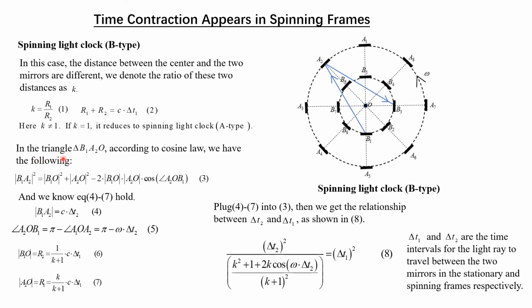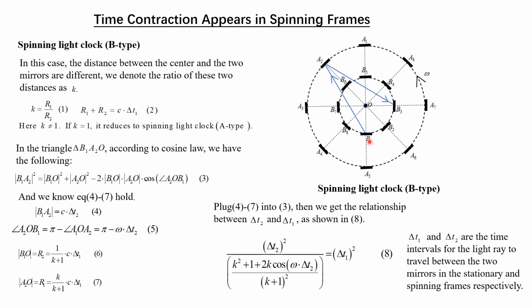In the triangle B1A2O, according to the Cosine Law, we have the equation 3: B1A2 squared equals B1O squared plus A2O squared minus 2 times B1O times A2O times the cosine of the angle A2OB1. And we also know that B1A2 is equal to c times delta T2.